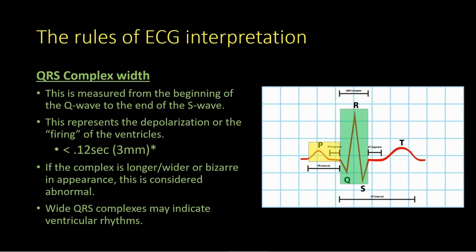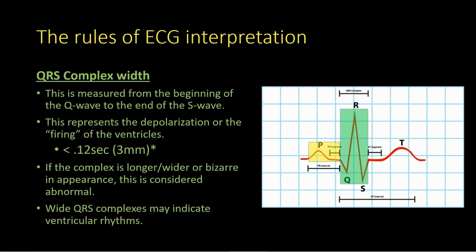We say less than 0.12 seconds or 3 millimeters because, as I said before, it's easy to measure 0.04 seconds, 0.08, and 0.12, although technically you'll see in some books less than 0.11 seconds. That's harder to measure on this. If you're using a computer-generated ECG interpretation, you can get it, but to just read it off the strip, using 3 boxes is perfectly fine.